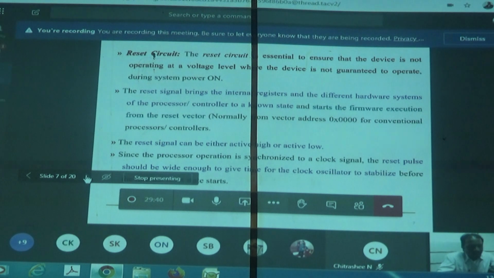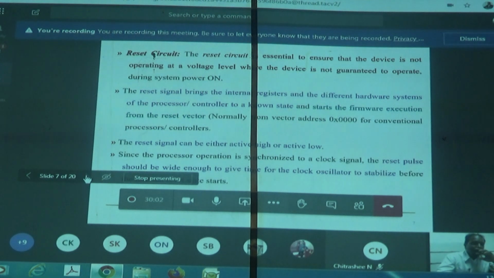The first one is the reset circuit. The reset buttons are available on the embedded device, just like your computer systems have. So what is this reset circuit going to do? These reset circuits are externally connected to the embedded system, or else a few of the embedded systems come with reset circuits.